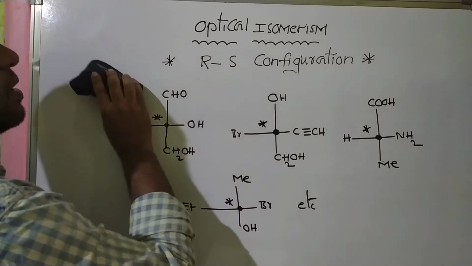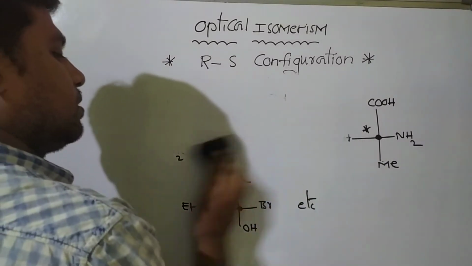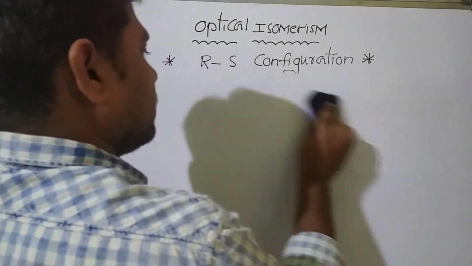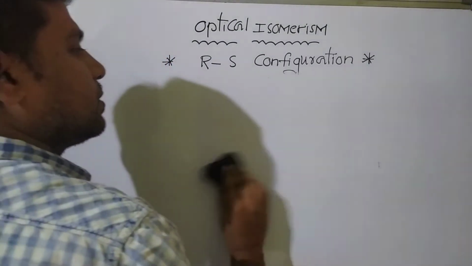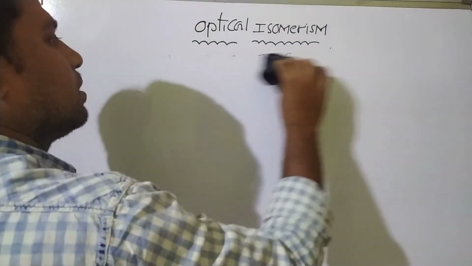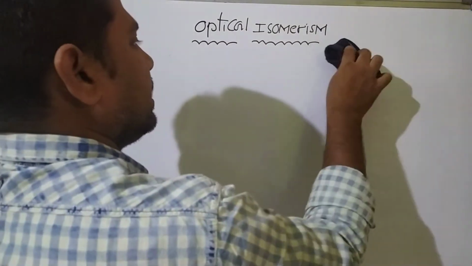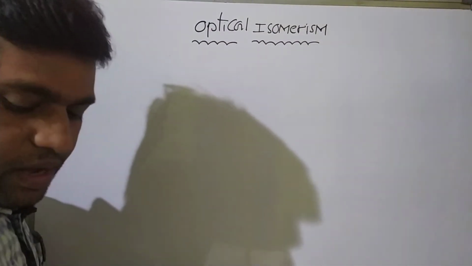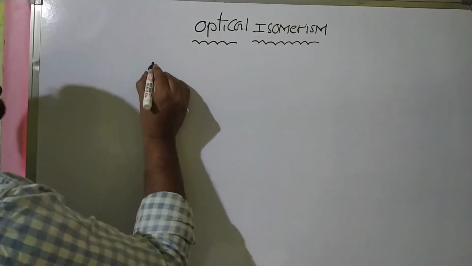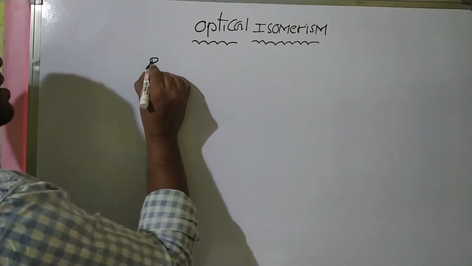Okay. I think you understood. So what is called chiral carbon? Now we will enter the main topic, RS configuration. Okay, students. Now, what is called R?